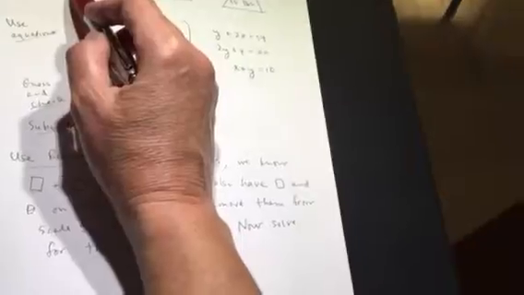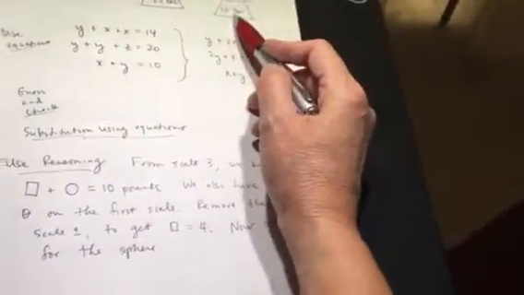How do you get that? You could do that. 4 plus 4 plus something else equals 14. Or you could look at scale number 3 and say 4 plus sphere equals 10. Either one. So now solve for the sphere.